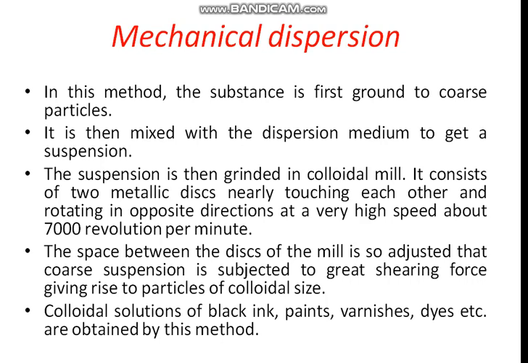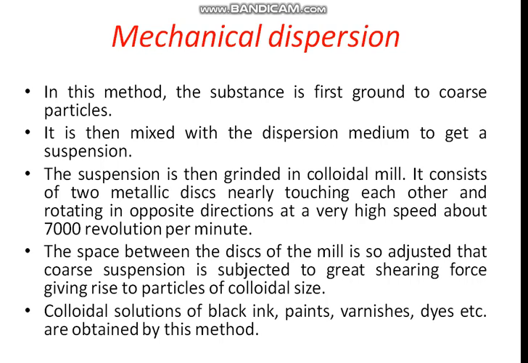Both discs move in opposite directions, because if they move in the same direction, grinding will not be done efficiently. If the discs move in opposite directions at high speed, then it will convert coarse particles into finer ones very easily and in less time.